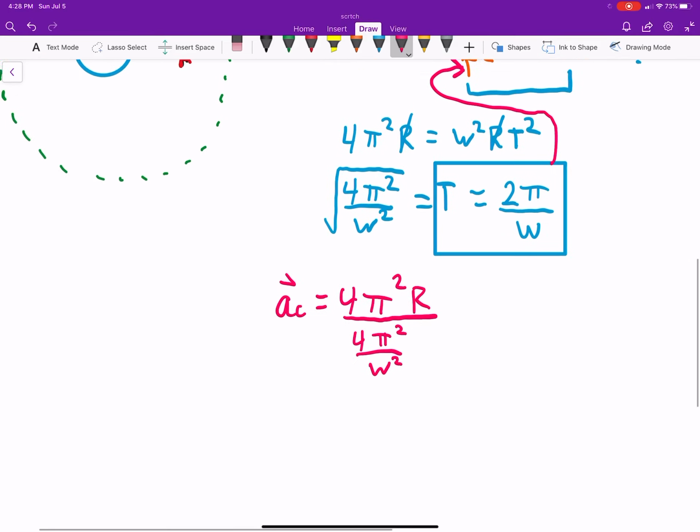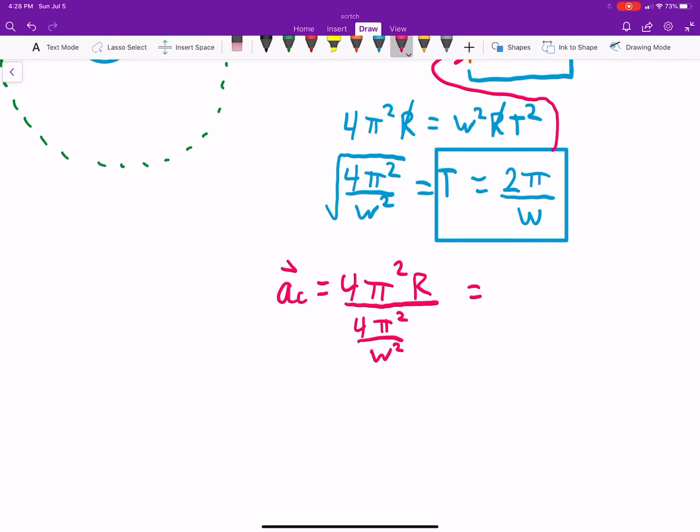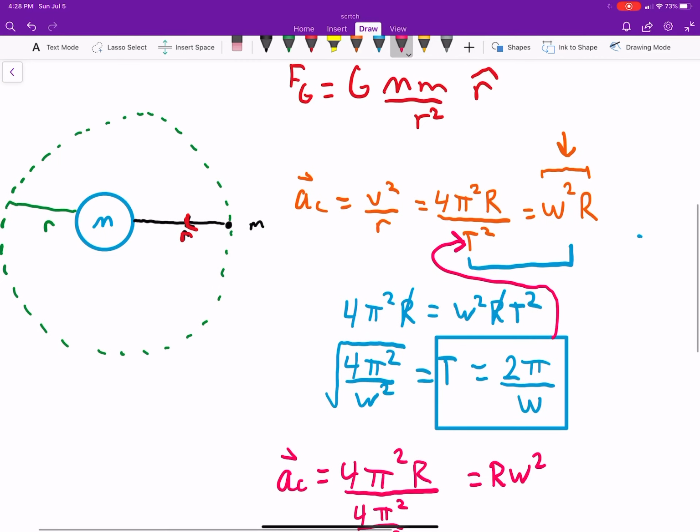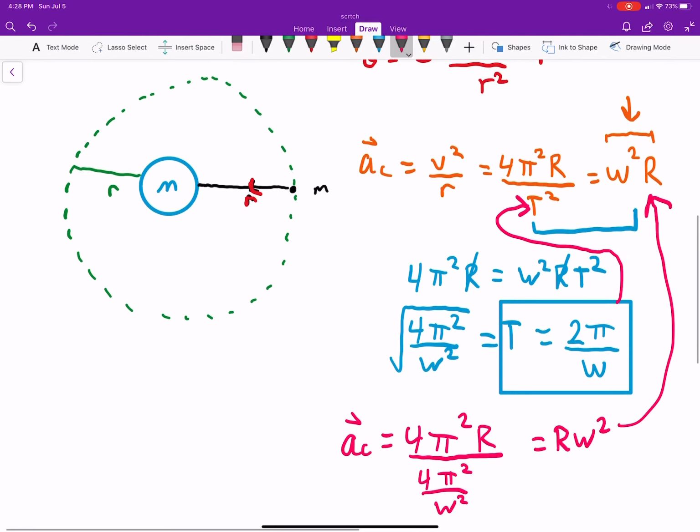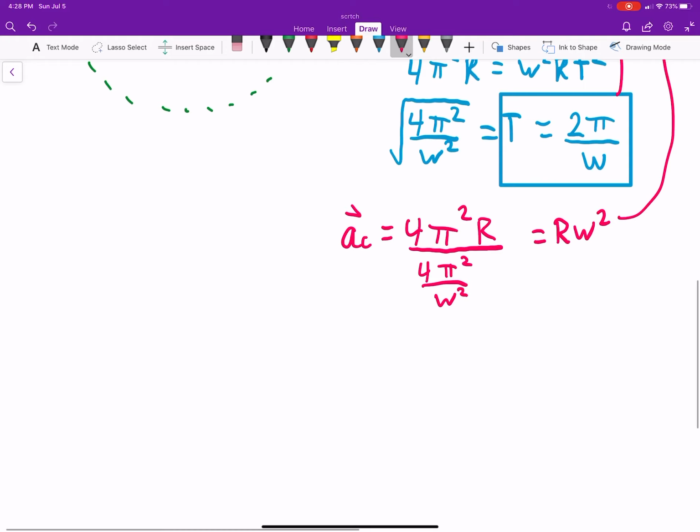You can probably see how this will simplify to just r omega squared, which is the same thing as this. I guess we really didn't need to do that. I'm not sure why I went through this process, but when you get 1 equals 1, perfect. I guess I just had a brain lapse.